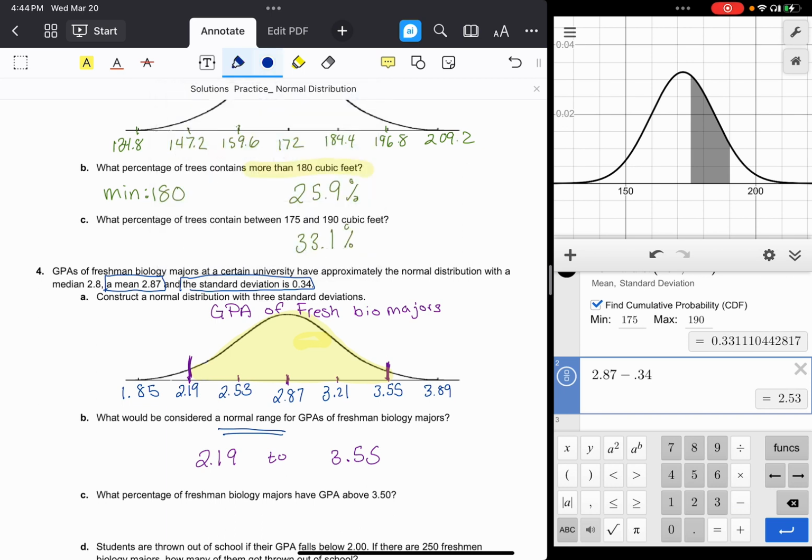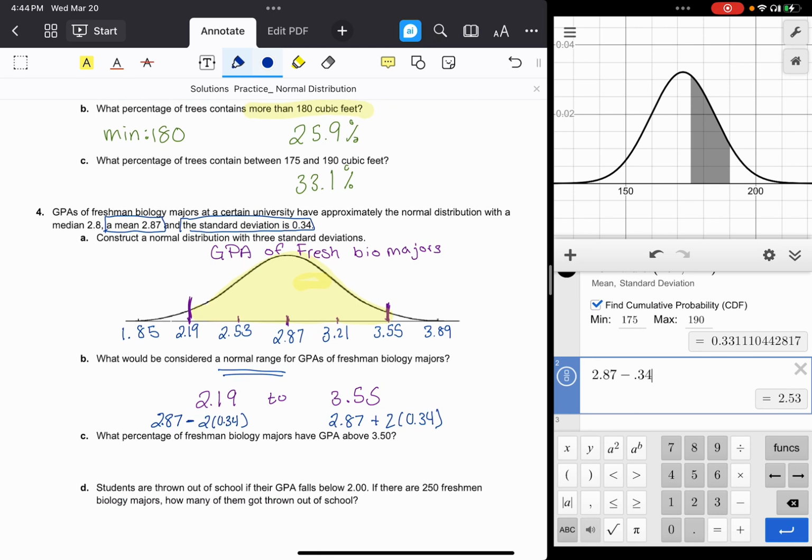So I would have, I'm going to just do it in a different color, the 2.87, and I would minus 2 times my standard deviation of 0.34, and I'd get my low end. And I could do the same thing on the high end. So I would take the mean and I'd add 2 standard deviations, which is basically what we did to build the normal distribution. But in case you didn't have to build the normal distribution, just so you know, you could still figure out part B.